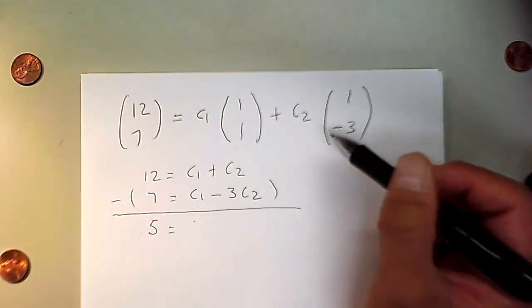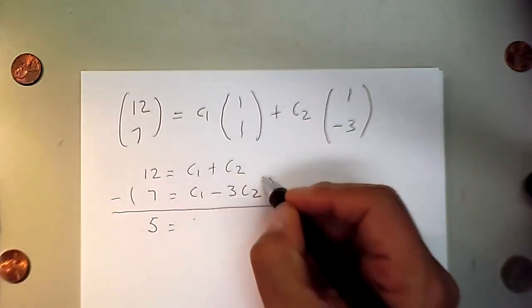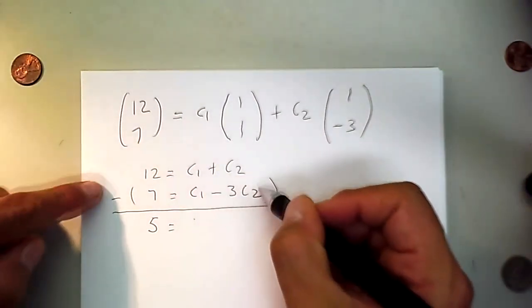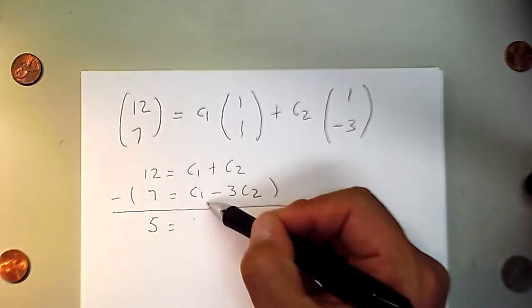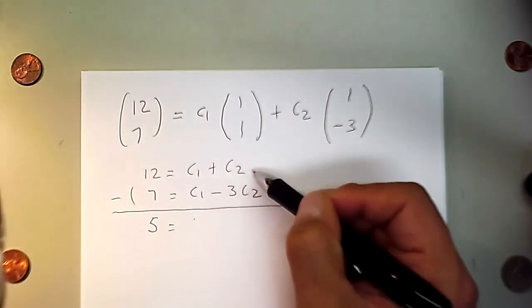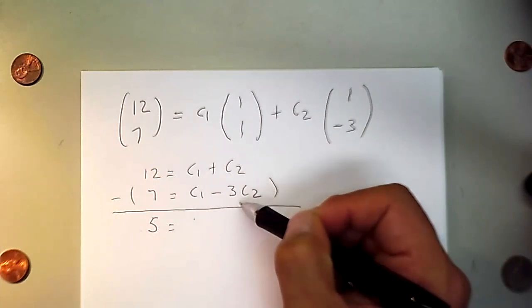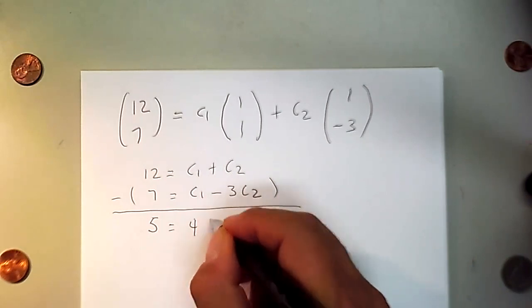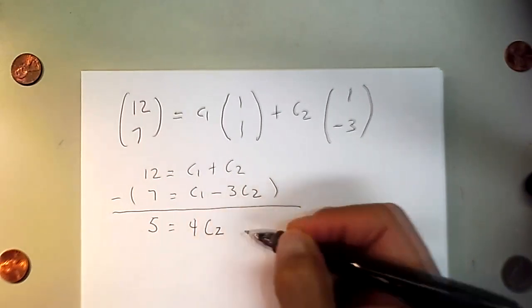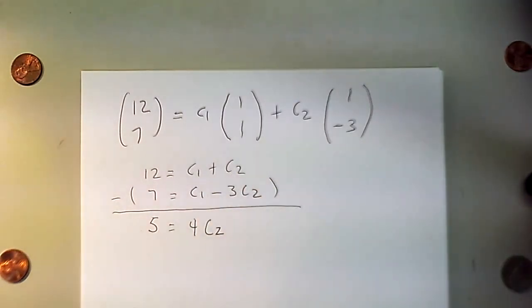Yeah, I guess it is correct. So we subtract: 5 equals C2 plus 3 C2, that's 4 C2.